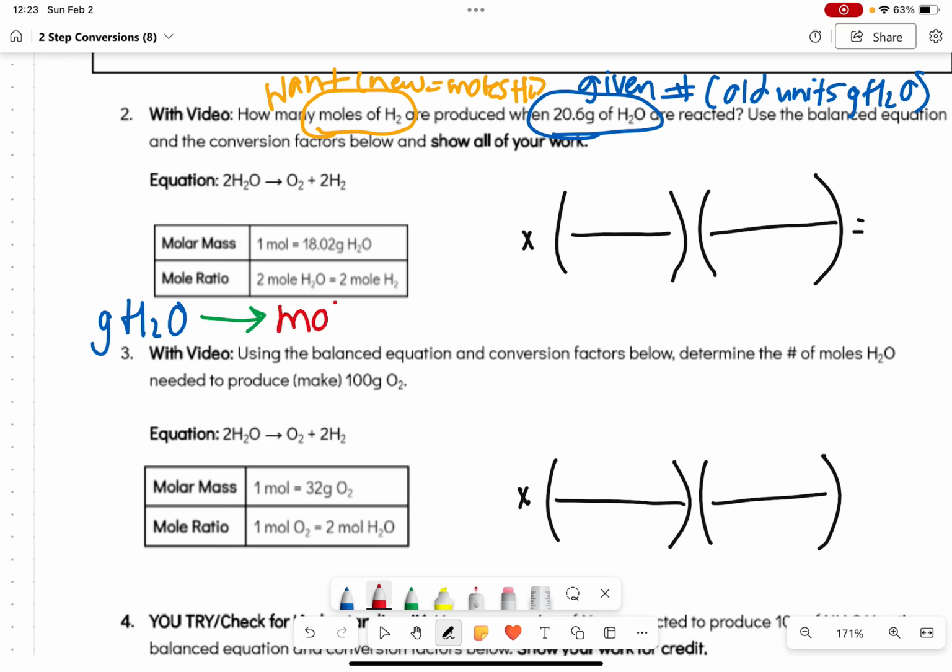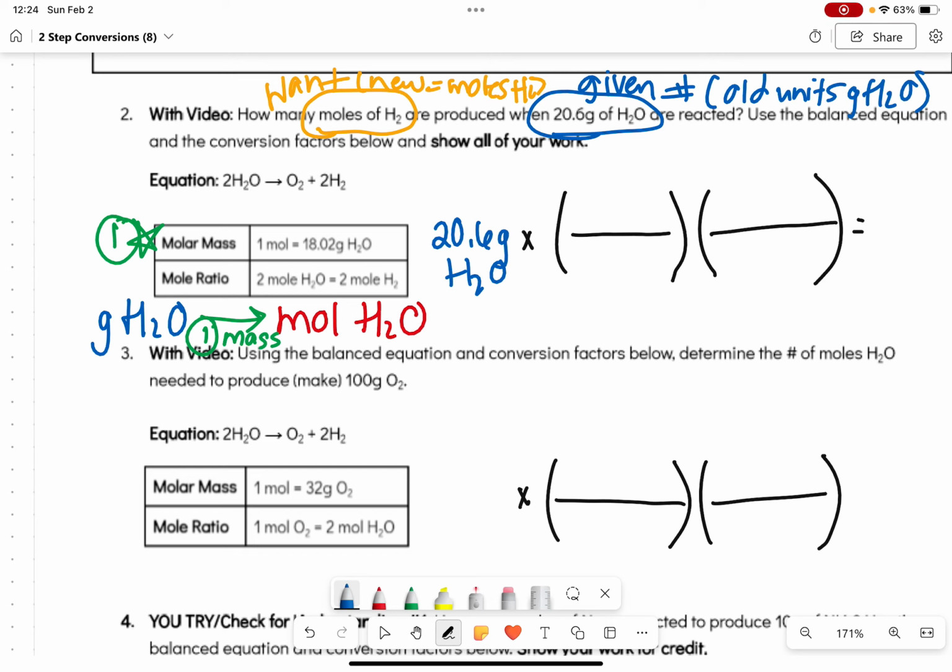So that is our first step. The way I'm going to do that is by using the molar mass of H2O. Now, I already gave you it, so you can focus on setting it up, but eventually you will need to know where to find the molar mass and mole ratio. So our first step is 20.6 grams H2O, and we need to change it to moles of H2O.